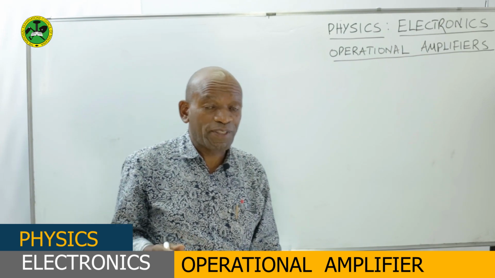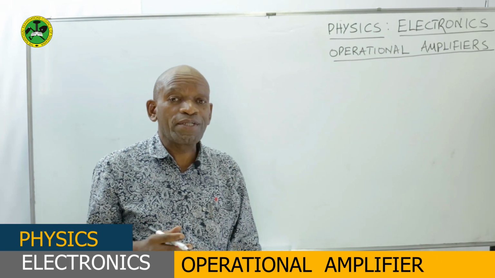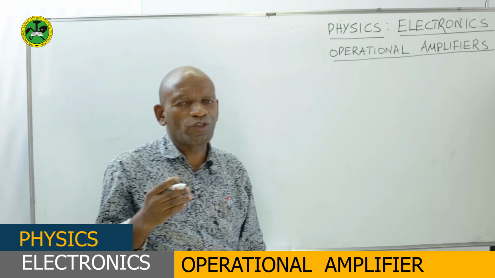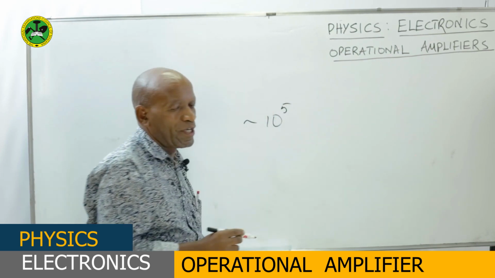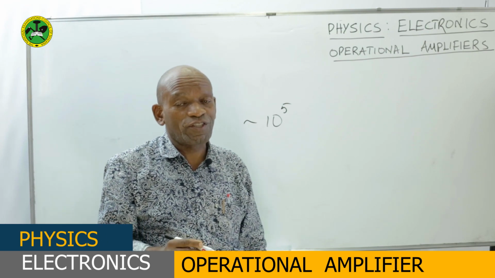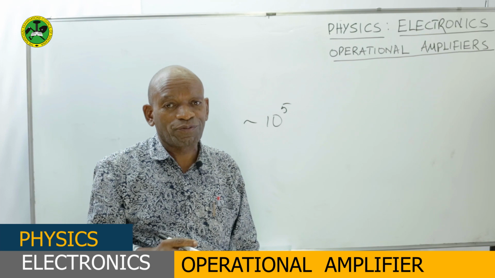It is a device which has a very big voltage gain, to a magnitude of about 10 power 5. A voltage gain is the ratio of the output voltage over the input voltage.